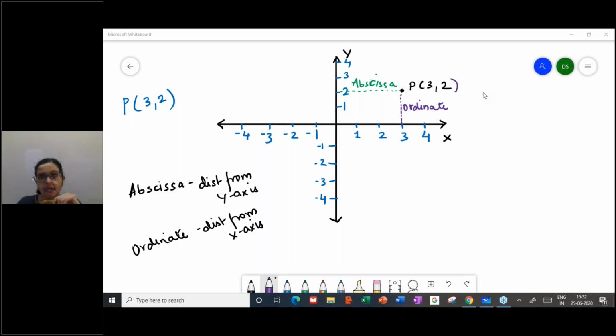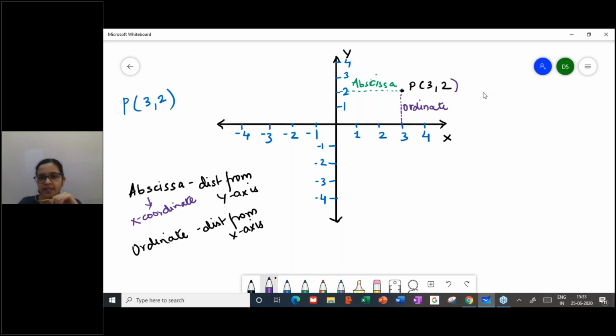So basically, I'm just asking you the length, which is 3 units, right? So the length of this line, or the abscissa, or the distance from the y-axis, is 3 units. But this is also the x coordinate of the point, right? 3 is also the x coordinate of the point, so abscissa is nothing but the x coordinate, right?